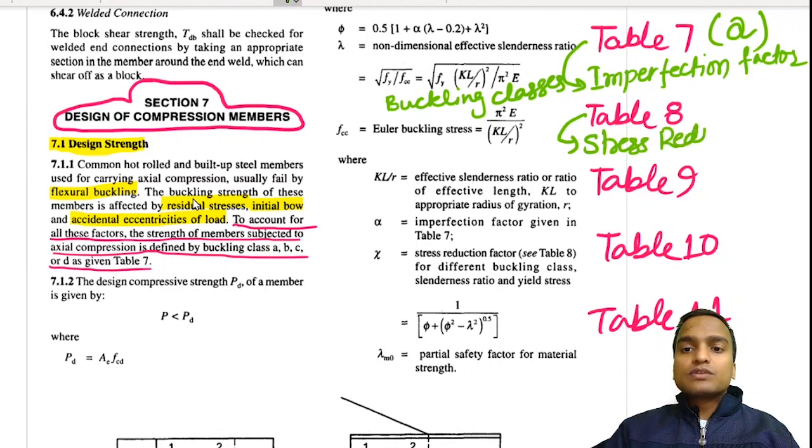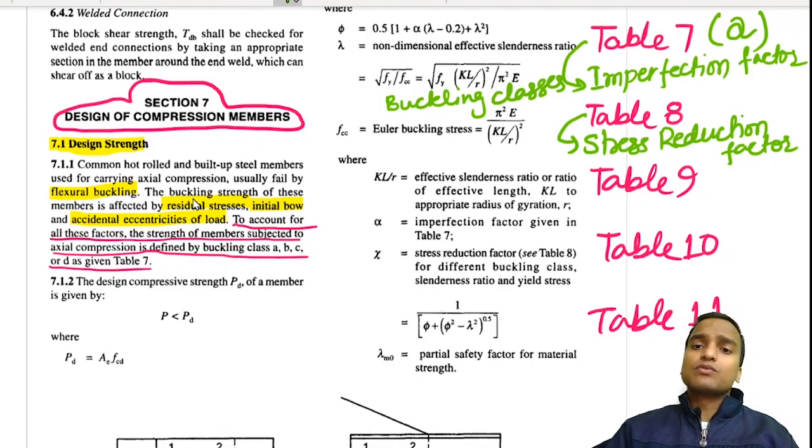So this table 8 will not be very useful for us, but if someone wants to, then he can go for this method also, and he can use table number 8. But you will see in the process that table 8 will not come in use much. And this stress reduction factor is represented by the letter X, and this X value is like this.